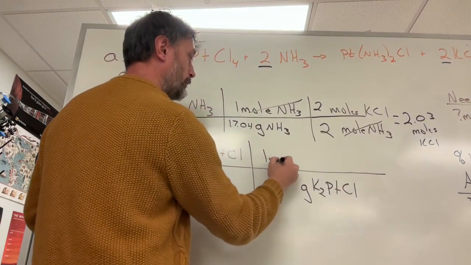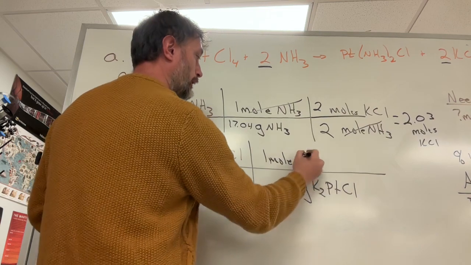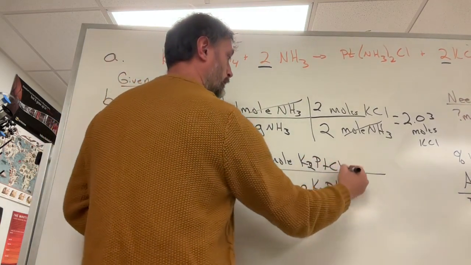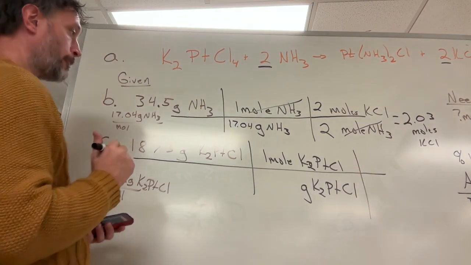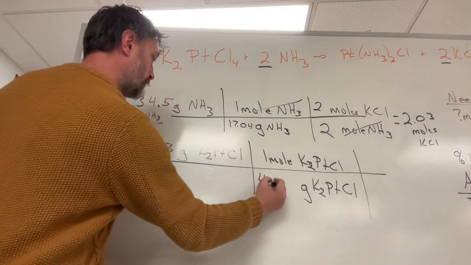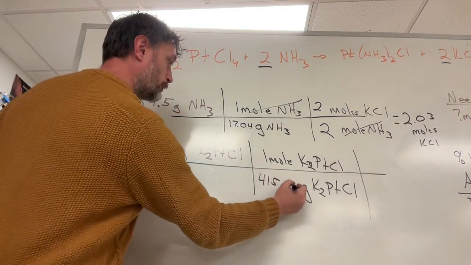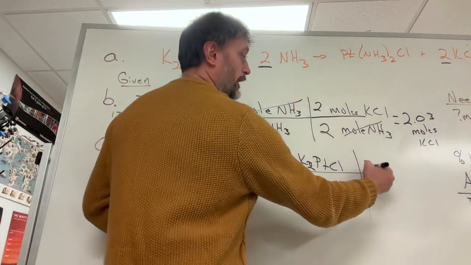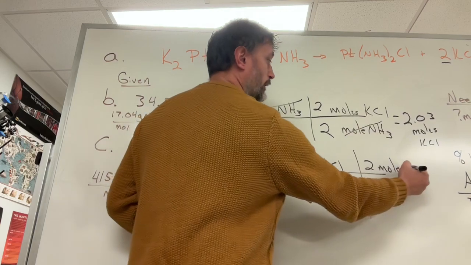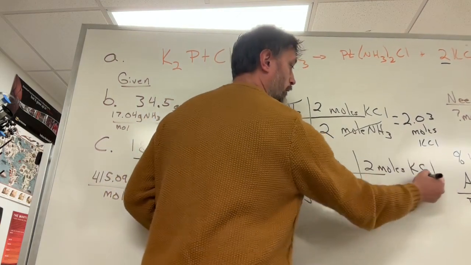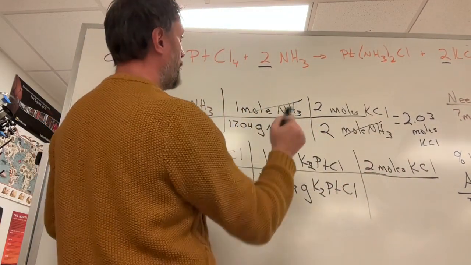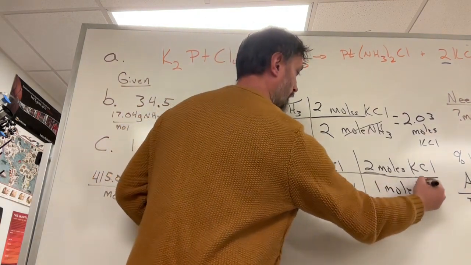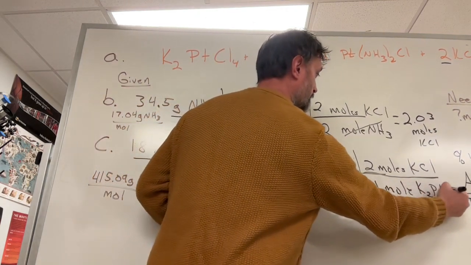I'm going to do the same step here, but now I'm starting with that potassium. Oh, that's a 2, not an E. Start with the other molecule. And my molar mass there was 415.09. That's a pretty big molar mass. I'm still going to moles of KCl, so that'll still be on top of the last conversion bar. And now I'm trying to get out of moles of that K2PtCl.